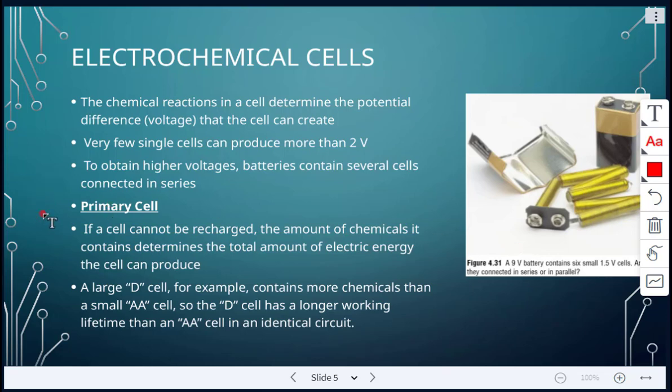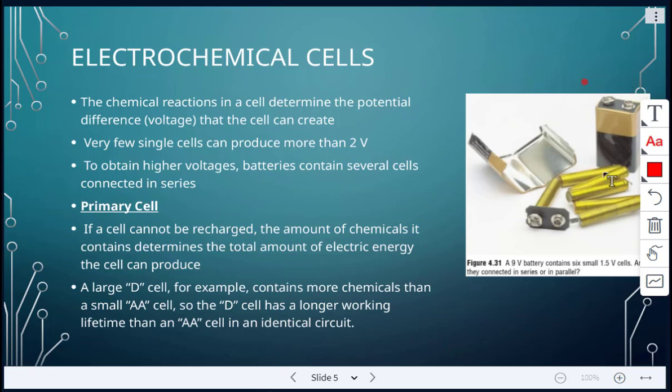A primary cell is one that cannot be recharged. So the amount of chemicals it contains determines the total amount of electrical energy that it can produce. So if it's a large D cell, it'll contain more chemicals than a small AA cell. So that D cell will have a longer working lifetime than that AA cell in an identical circuit.